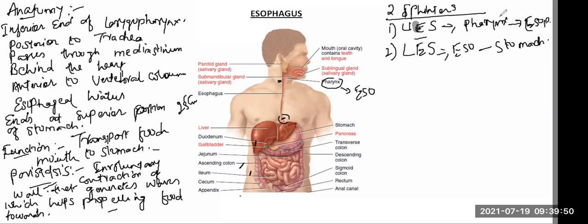Your upper esophageal sphincter consists of skeletal muscles, and your lower esophageal sphincter consists of smooth muscles.